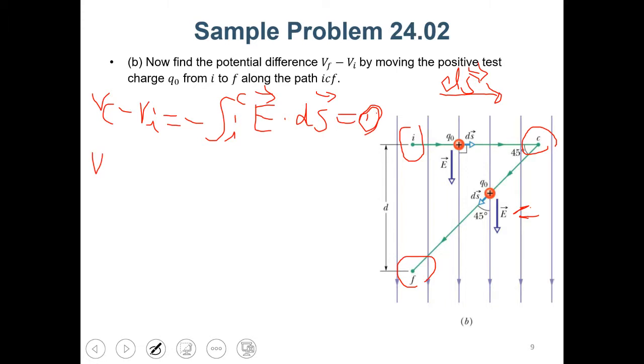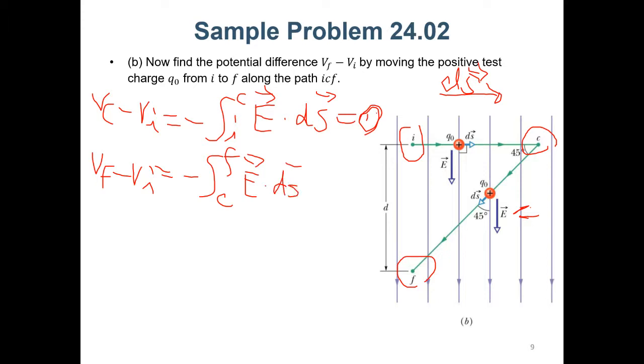Then we try to calculate Vf minus Vc, which will be the integral from C to F of E dot ds.